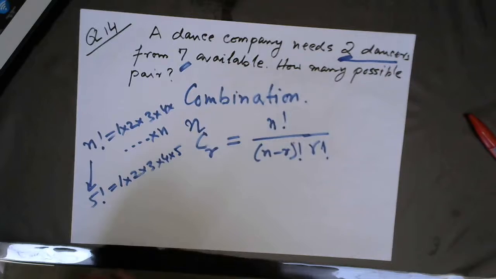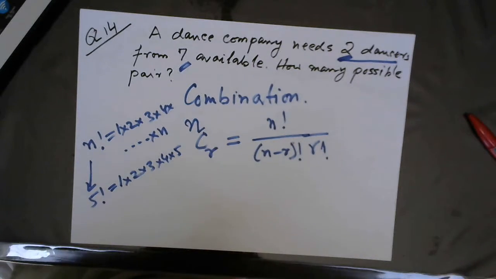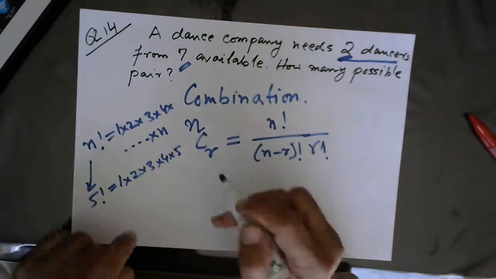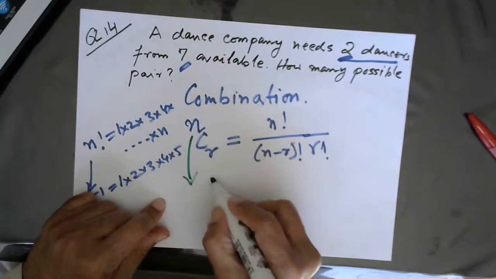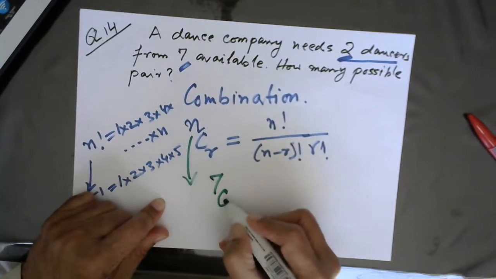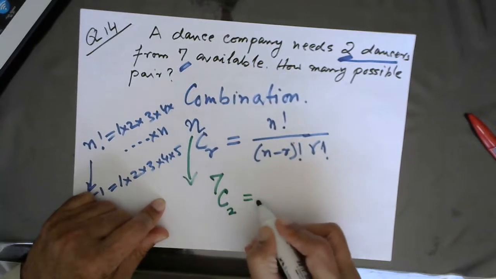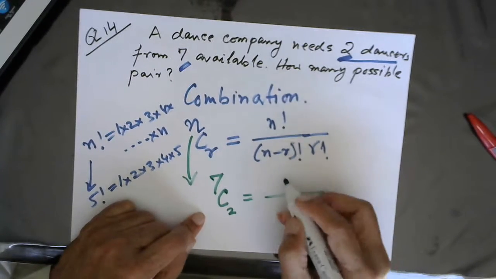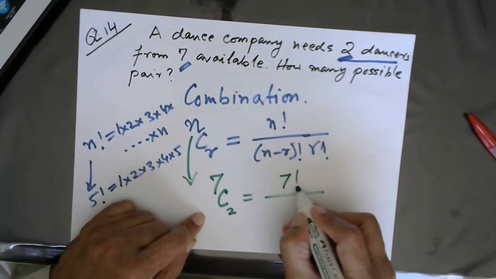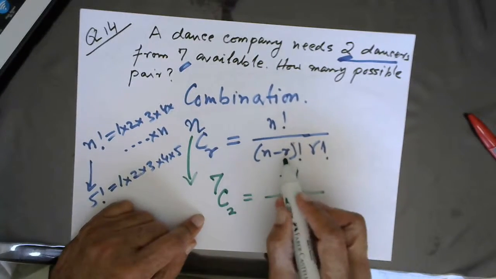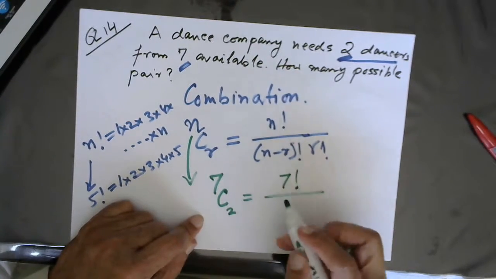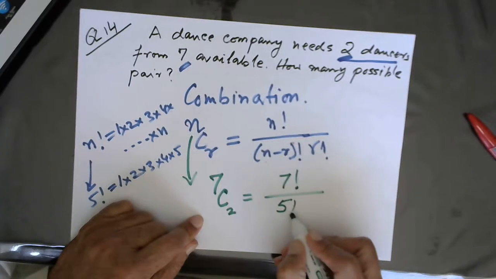Okay, now as I said in our question, n is 7, so this will give me 7C2, and r is 2. So this will be n factorial, that is 7 factorial, n minus r, that is 7 minus 2, is 5 factorial.